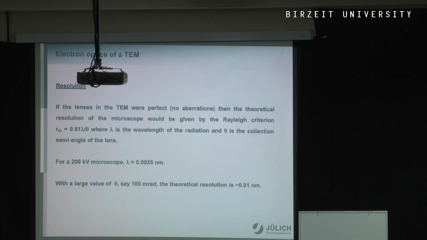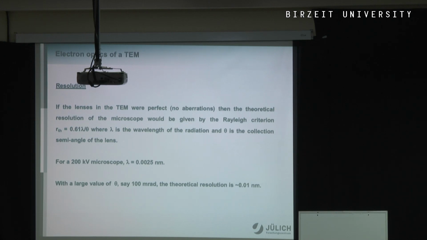And if you, again, put the typical electron wavelength into the equation for the Rayleigh resolution, and if you assumed that you could form an image using electrons that had been scattered out to a larger angle, for example, somewhere around 100 milliradians, then you would predict that the resolution of the imaging system in a microscope would allow you to record images with a spatial resolution which was somewhere around 0.1 of an angstrom, about 10 to 20 times smaller than an interatomic spacing.